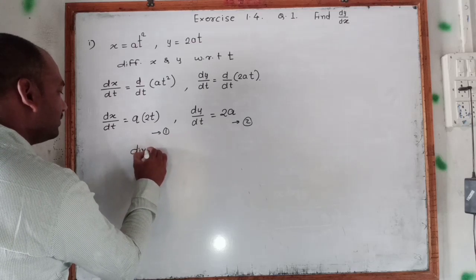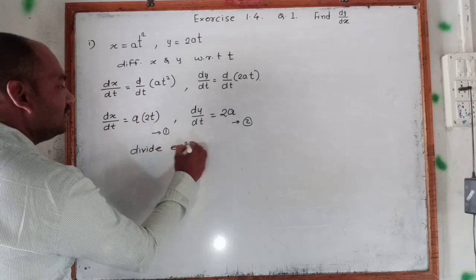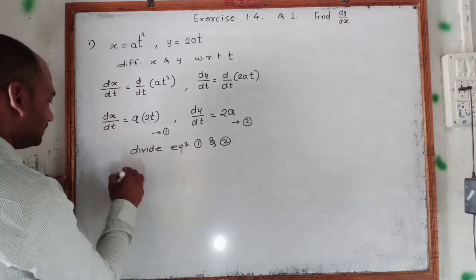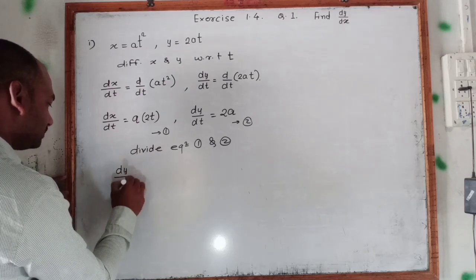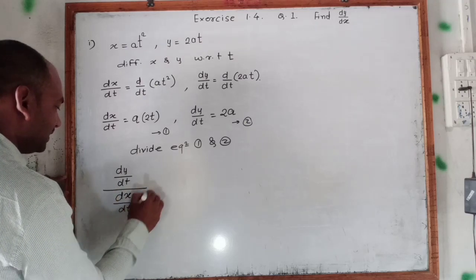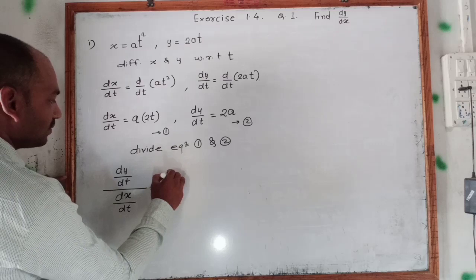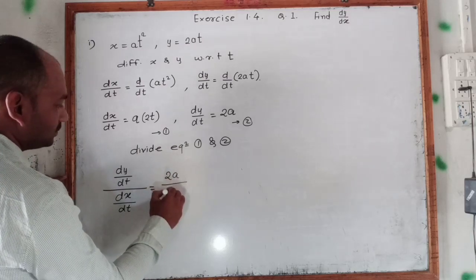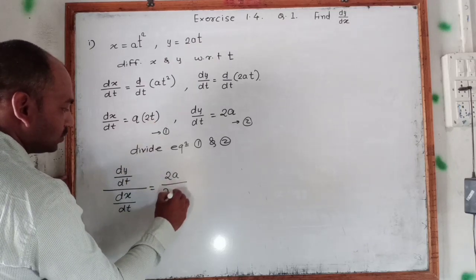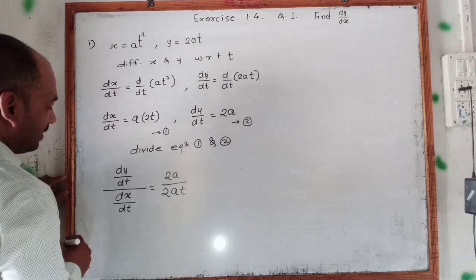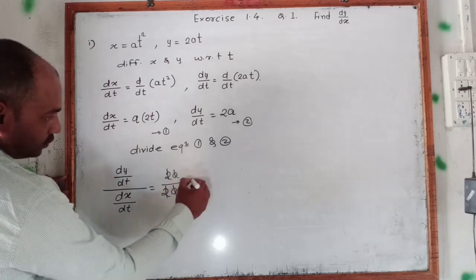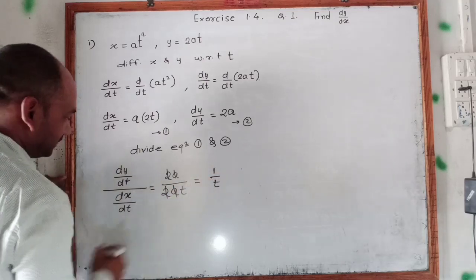So what happened? dy upon dt divided by dx upon dt is equal to 2a upon a into 2t, so we write 2at. Now we cancel this 2 and this a also, so we remain with 1 upon t.